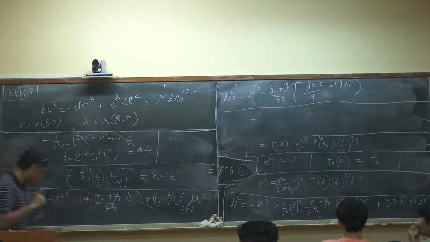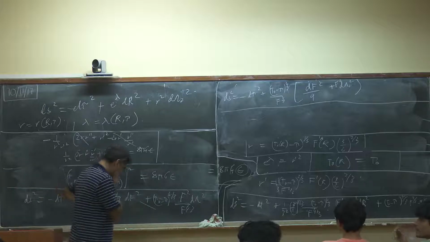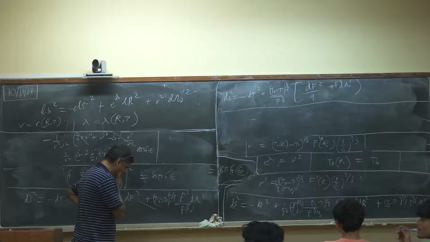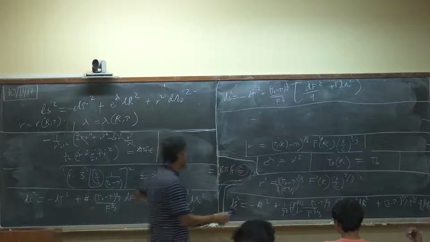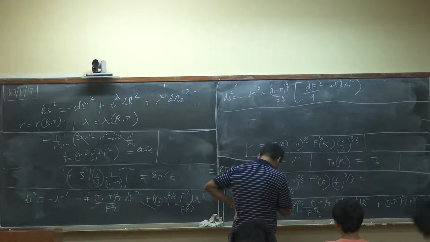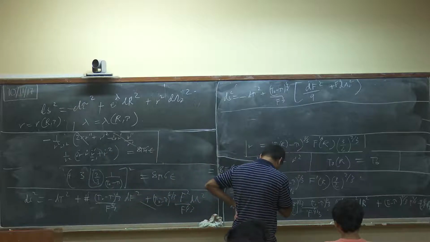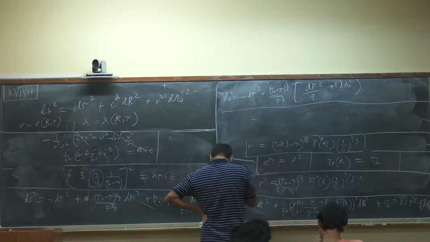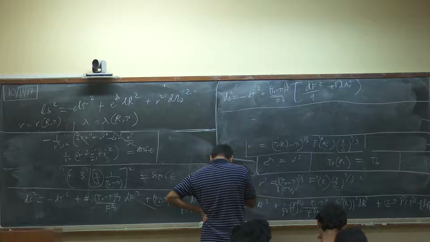I think the question is, if we set little f equals 0, what did we have?